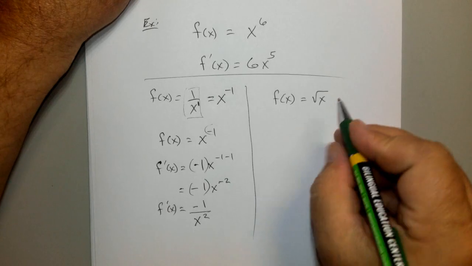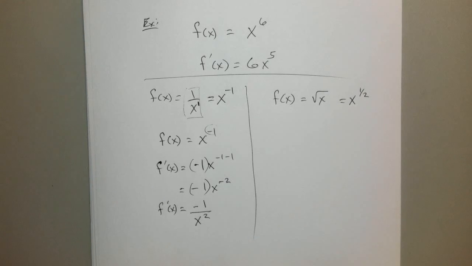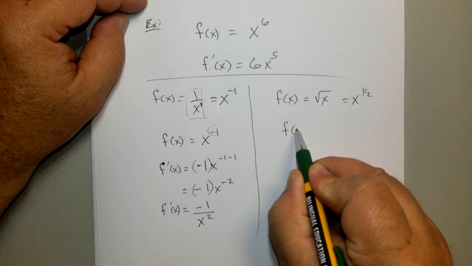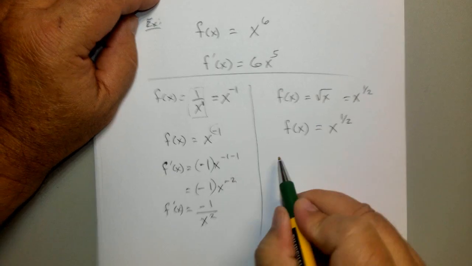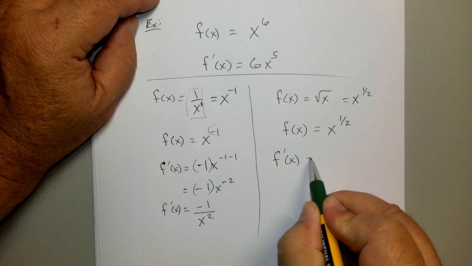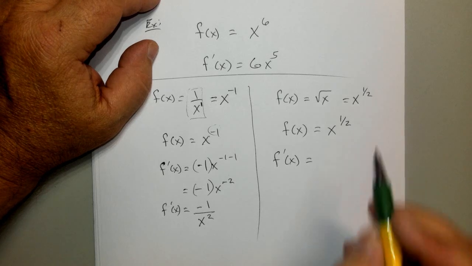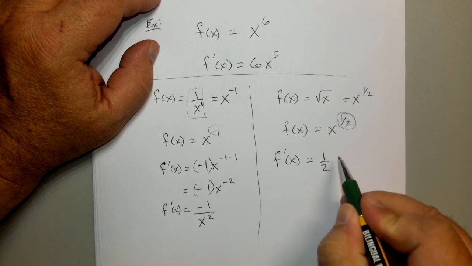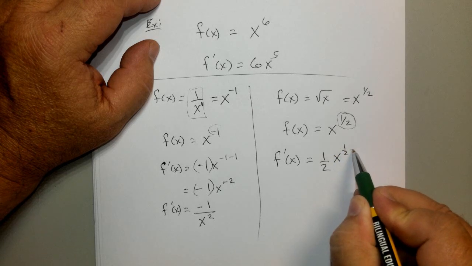Excellent. Very good. A radical is x to the power 1/2. So the derivative would be, what do you do with the exponent? Bring it down, so it goes 1/2. And what do you do with the exponent? Subtract 1.